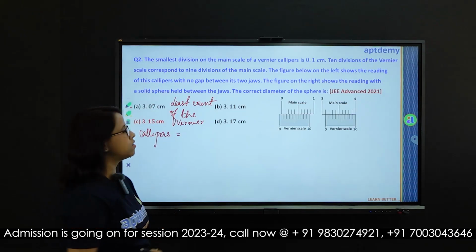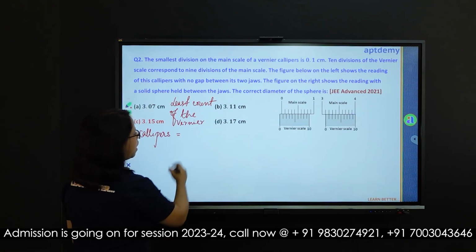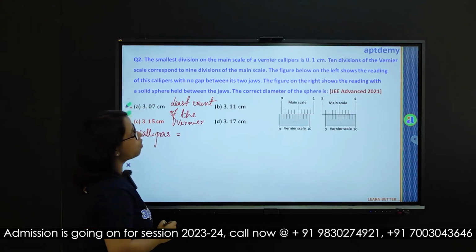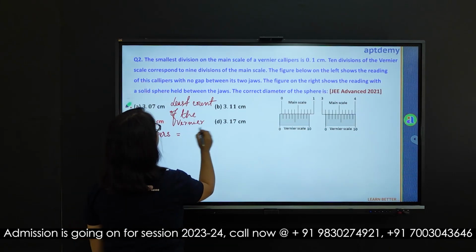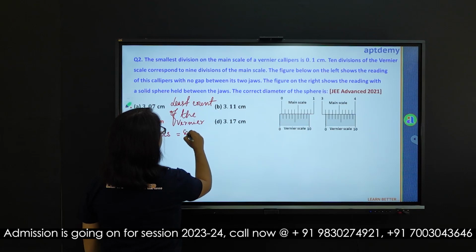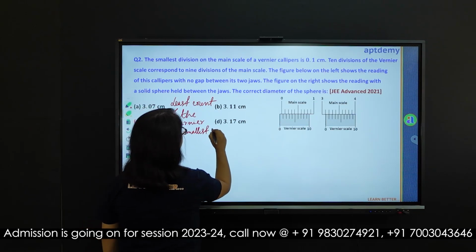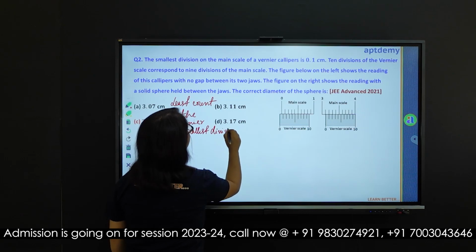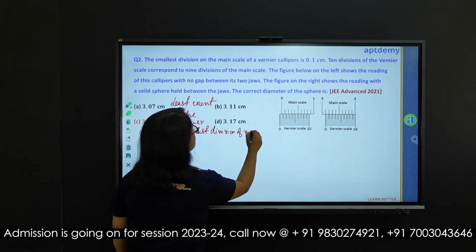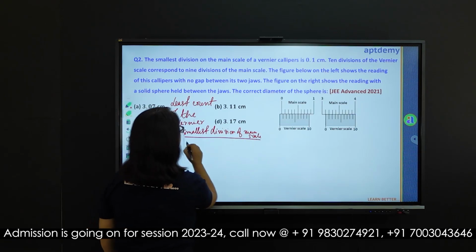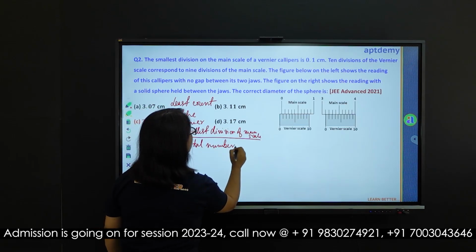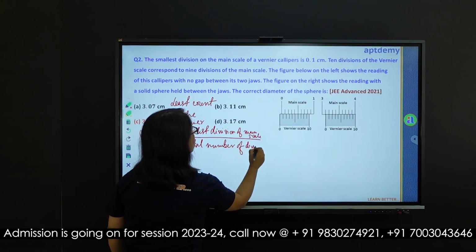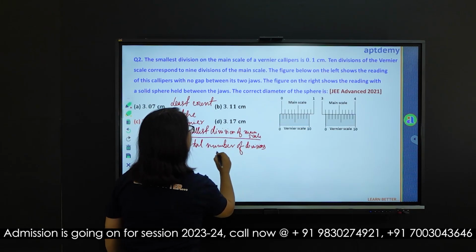The relation for this is that least count is given by the ratio of the smallest division on the main scale of a vernier calipers, that is, the minimum division of the main scale, to the total number of divisions of the vernier scale.